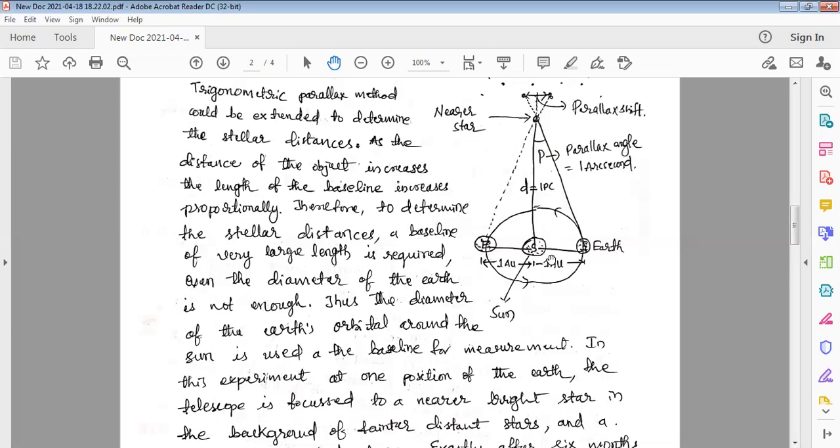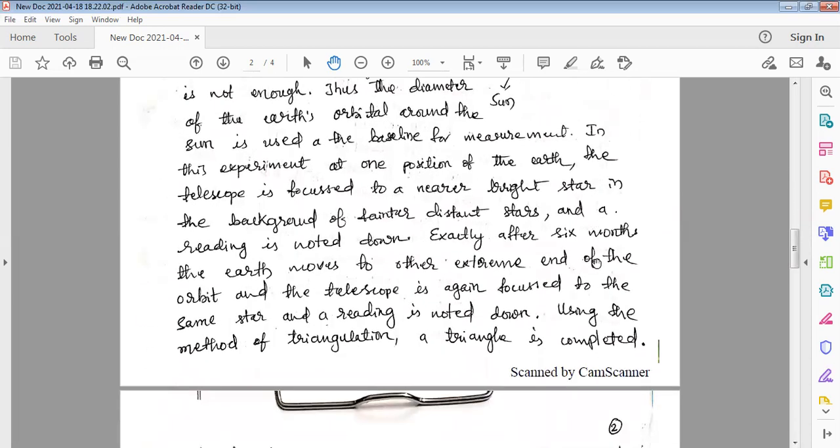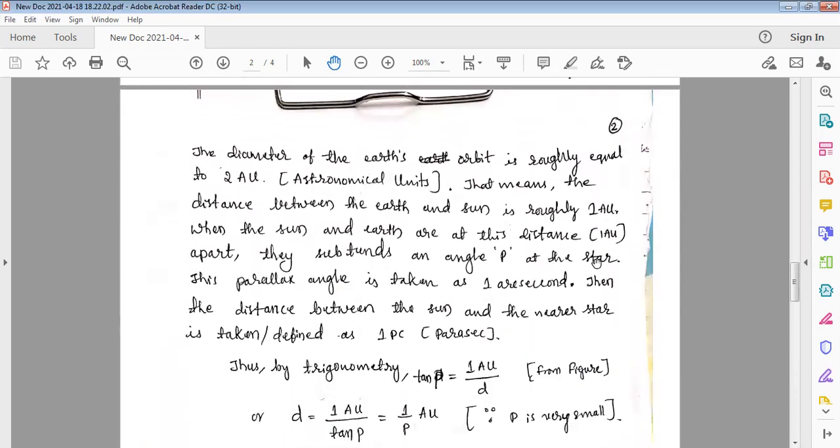So when the distance between the Sun and Earth is 1 astronomical unit, then the angle subtended by this distance at the star is taken as 1 arc second. So that is the meaning.